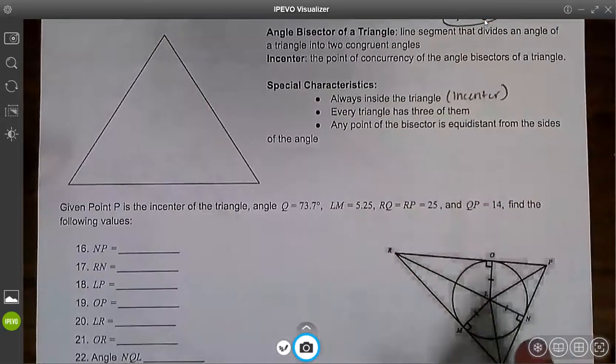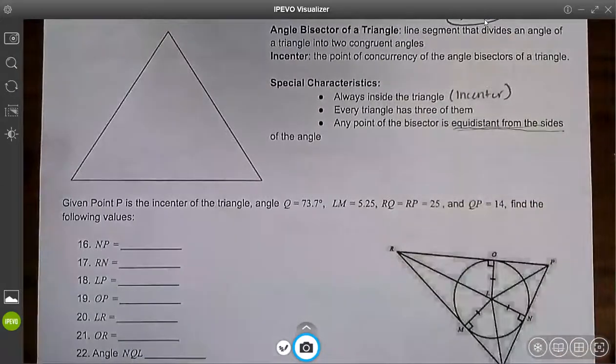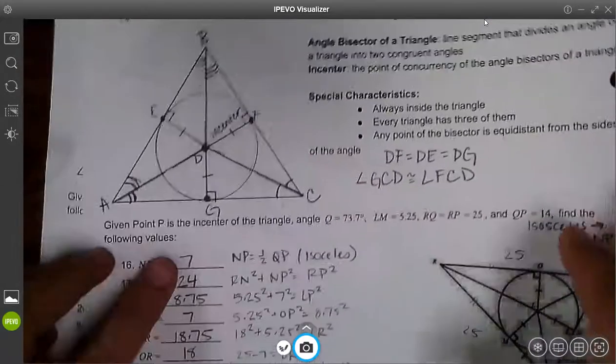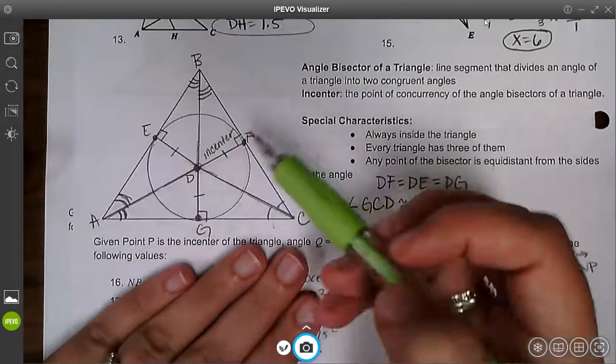Every triangle has 3 angle bisectors, and any point of the bisector is equidistant from the sides of the angle. This is what it looks like when you do it correctly.